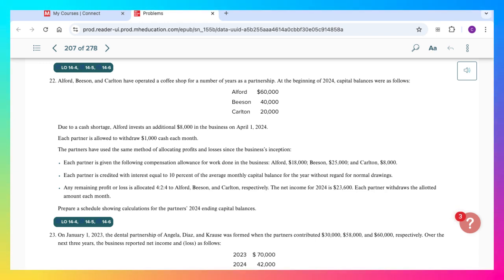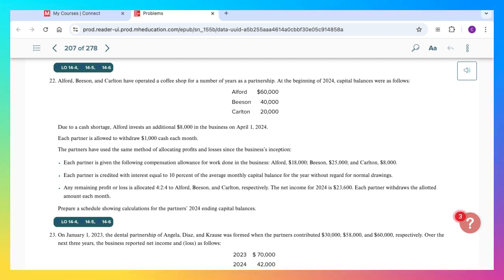So as you can see here, this problem really hits after learning objective 4, learning objective 5, and learning objective 6. Learning objective 4 states that they want us to use both the bonus method and goodwill method to record partners' capital investment.